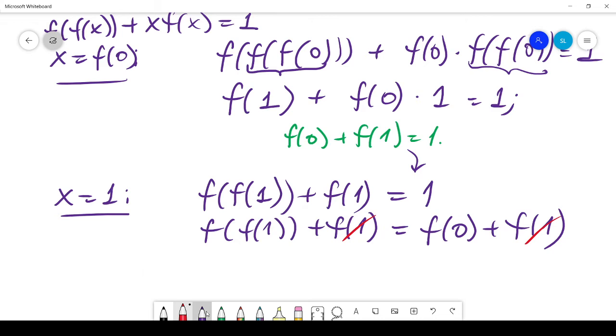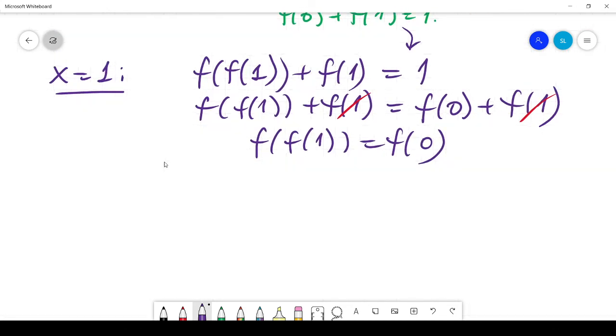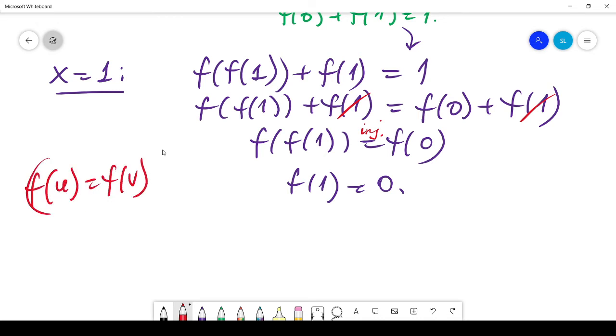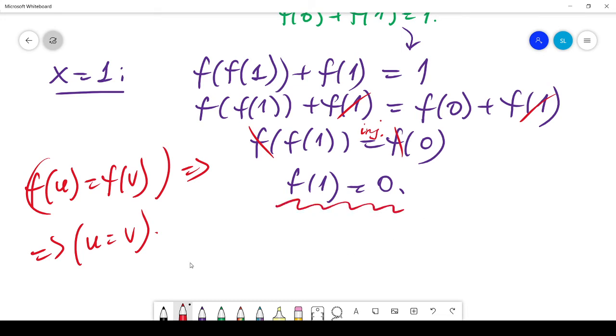And now we have f of 1 is equal to f of 0. And now we can use the property of our function that f is injective. Injectivity is the same as if f of u equals f of v, then u equals v. We just can cancel out these f's if you want. And this gives us that f of 1 equals 0.